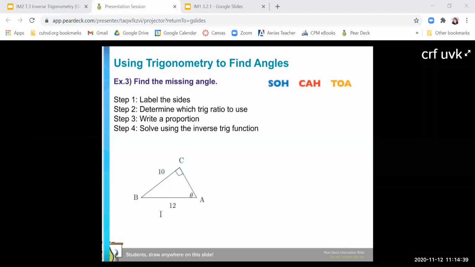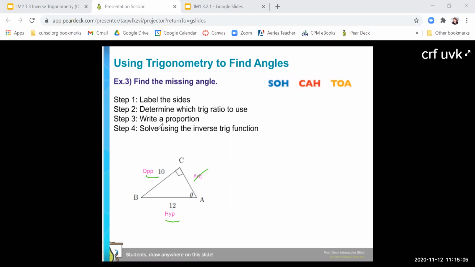labeling the sides. So this is our hypotenuse, and our adjacent. Hypotenuse and adjacent form the angle theta, and then opposite over here. Based on what we have here, it looks like we know the hypotenuse, we know the opposite, so we don't want adjacent.